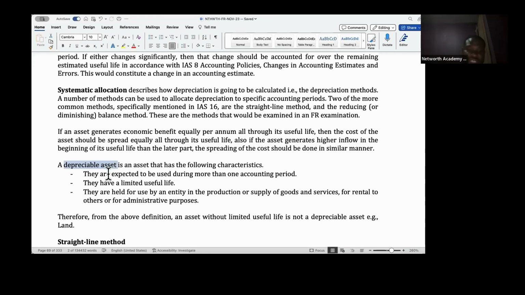So one is that they are expected to be used for more than 1 year. They have a limited useful life, and they are held for production or supply of goods or services, rental to others, and for administrative purposes. So these are characteristics of a depreciable asset.